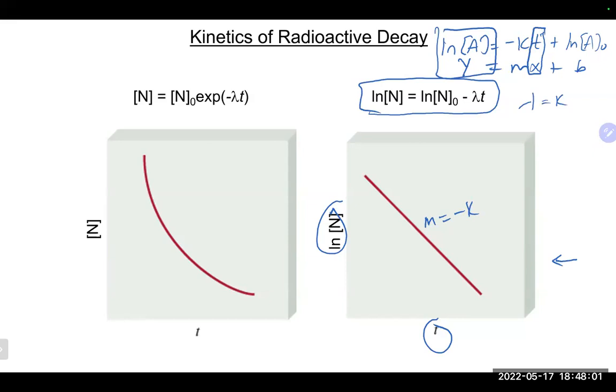If you remember kinetics, maybe when you did it in the first part, 200A, a lot of times what we use in these are concentrations, but it really doesn't have to be concentrations. You can use really any units you want for A and A naught, as long as they're the same units. You could use concentration, which is very rarely used in nuclear chemistry, but things like grams and milligrams are used a lot on both sides.